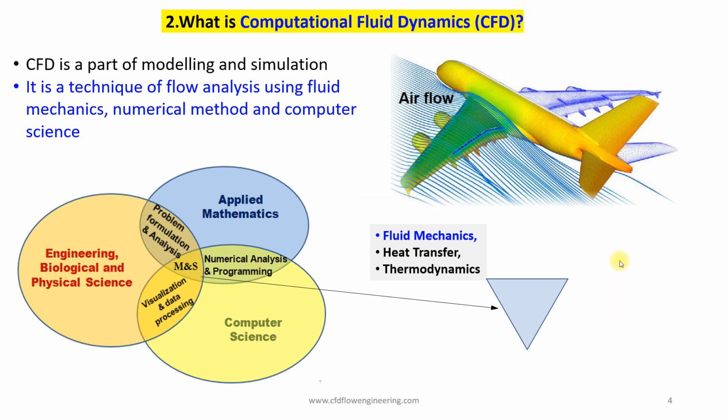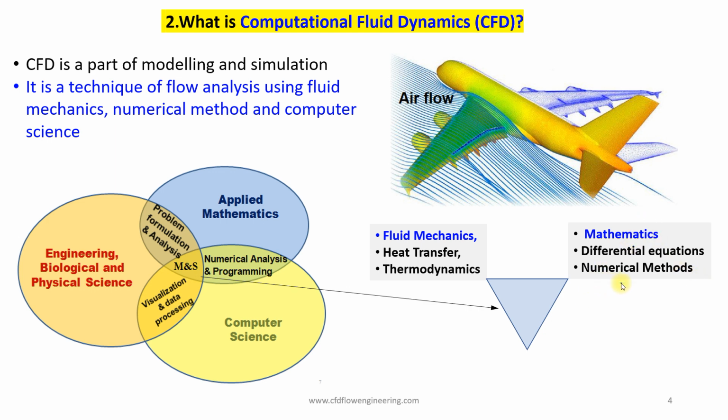The other subject is mathematics, because in CFD most governing equations are presented in terms of partial differential equations. These equations may be completely differentiable. To find the solution of partial differential equations for mass, momentum and energy, numerical methods are implemented.